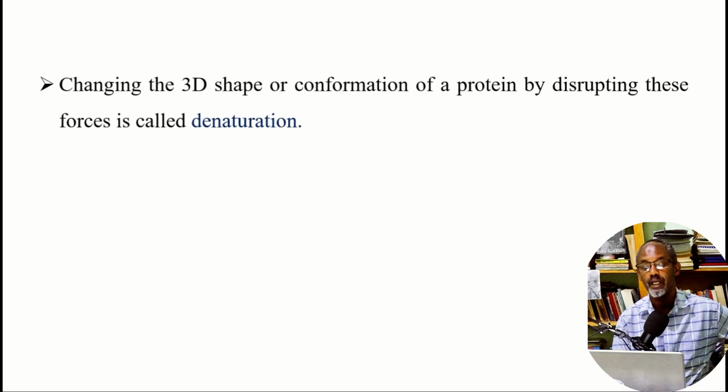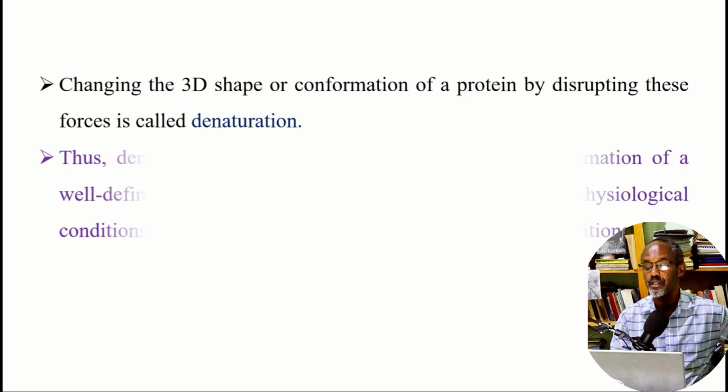Changing the 3D shape or configuration of a protein is done by disrupting these forces. It's called denaturation. If you disturb these interactions or bonds by external forces like temperature, pH, and some chemical agents, so that you change the 3D shape of the enzyme or the protein, it is known as denaturation.